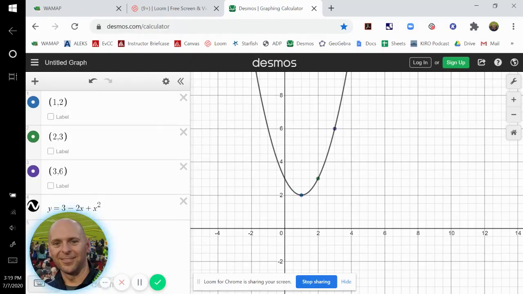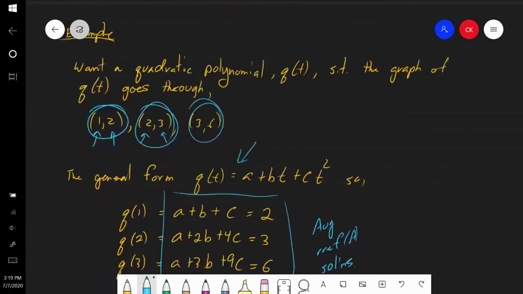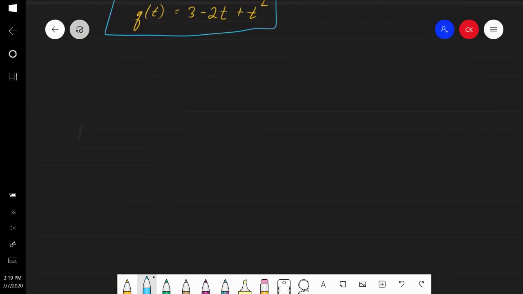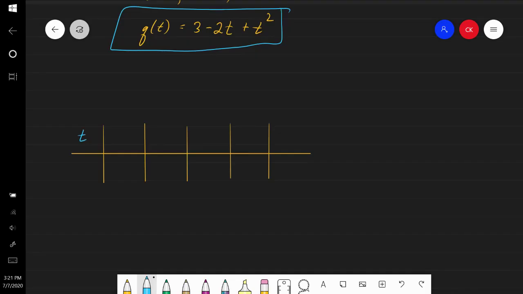So let's jump back to the blackboard, and let's just generalize on what we've already done just a little bit here. Generally we would try to find the highest degree polynomial we could fit through a set of points. What that essentially works out to is you can make the polynomial of degree n if you have n plus 1 data points to work with. So I'll just draw out a quick table here. I'm going to put in a value for t and then a value for f of t.